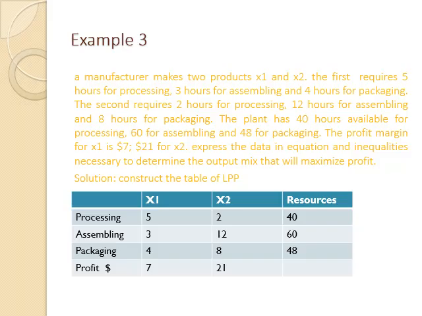C1 is the profit of 1 unit of X1 and C2 is the profit of 1 unit of X2. So our objective function is about maximization, and we can predict the objective function like max z equals 7x1 plus 21x2.